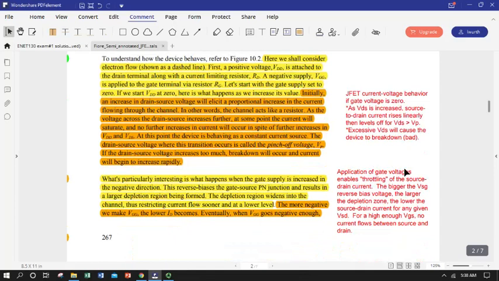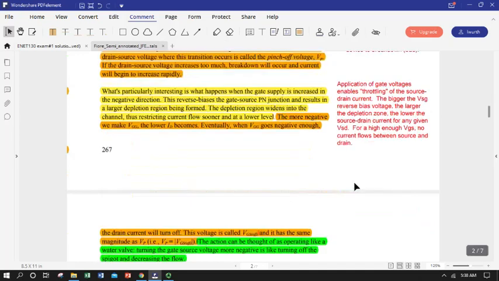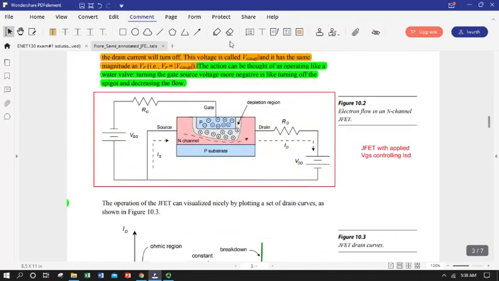If I don't do something with the gate, I can flow current source to drain. Where my control comes in, and we term it throttling, is when we apply a voltage source to the gate. In that case, we're literally going to pinch off that channel. So we're going to go down to figure 10.2 to give you an idea of the actual mechanism of current control in a JFET. This is how we get our control in the device.